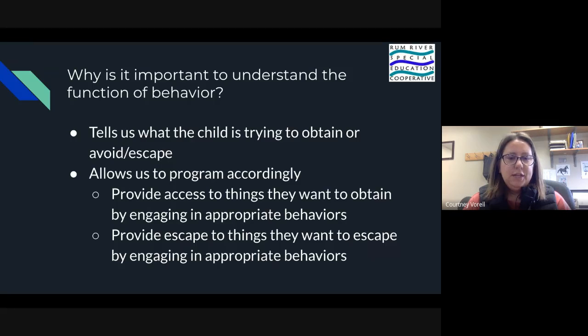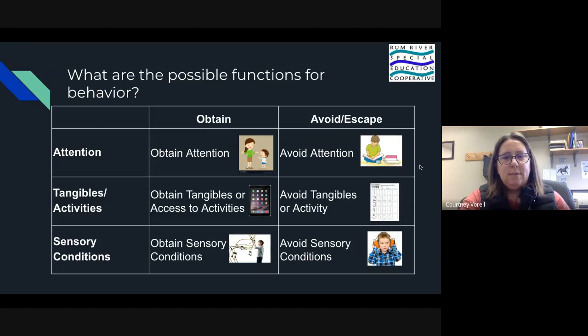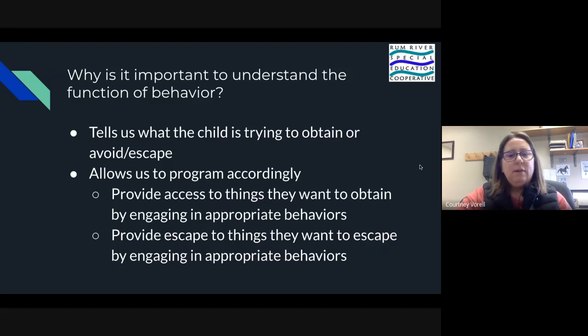Another strategy is, if you see here again, so if they're avoiding or escaping attention, tangibles, or sensory conditions, then we want to provide escape to those things that they want to escape by engaging in appropriate behaviors. So if I have a student trying to escape that worksheet, I may insist that maybe what we've practiced and pre-taught ahead of time is that they need to start their worksheet, and then they can ask for a break.